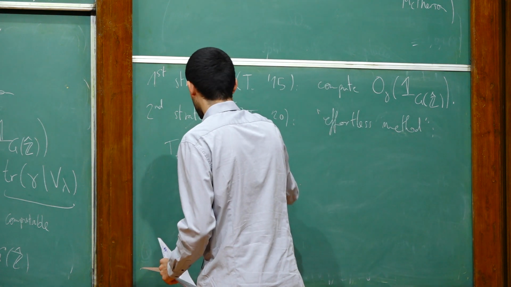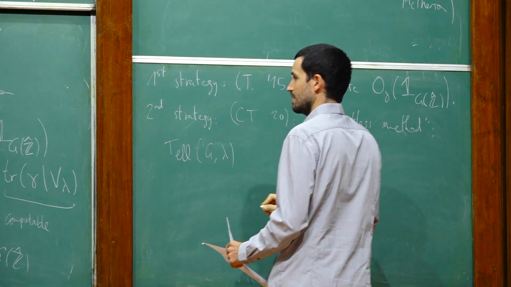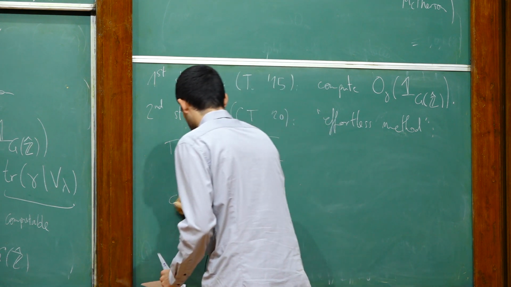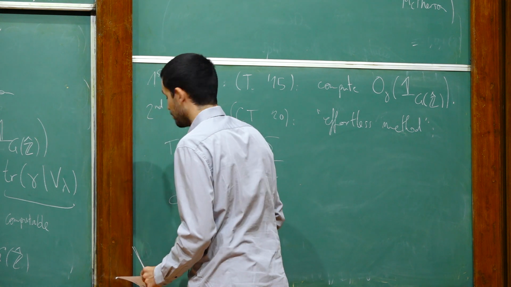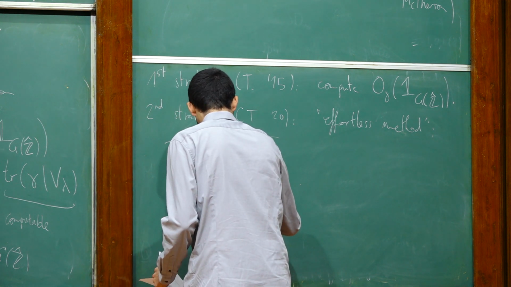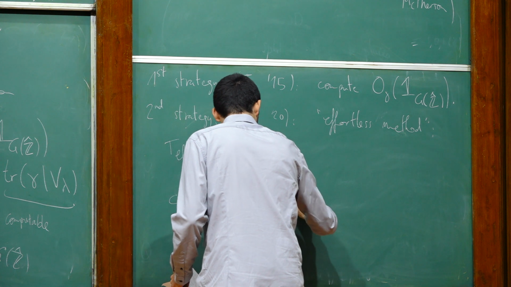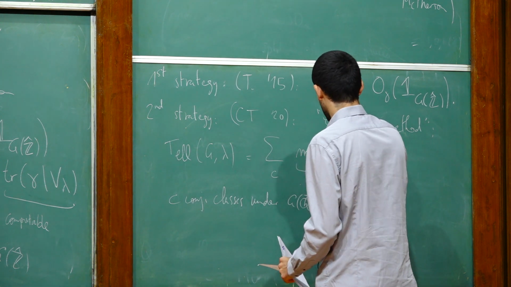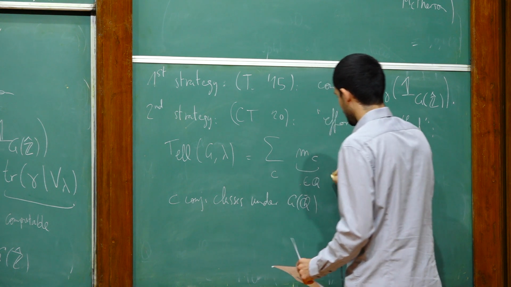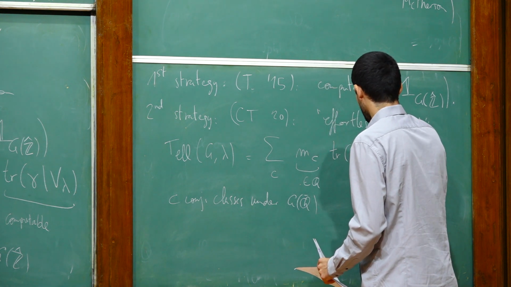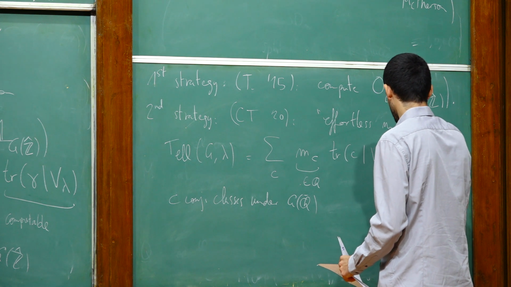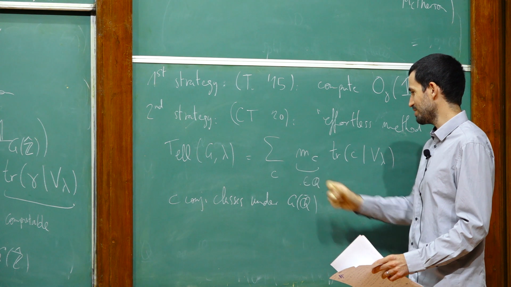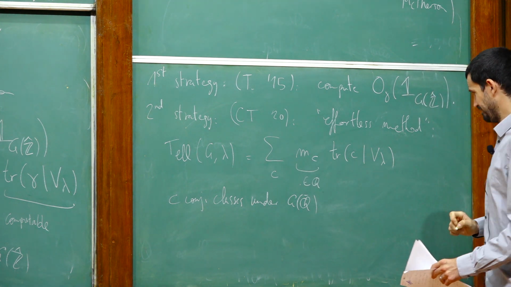You just rewrite this, so you group by conjugacy classes under G of Q bar. You have this, you get a formula that has this shape. Well, you have to think a bit to really show that these are rational numbers, but okay, it's true.